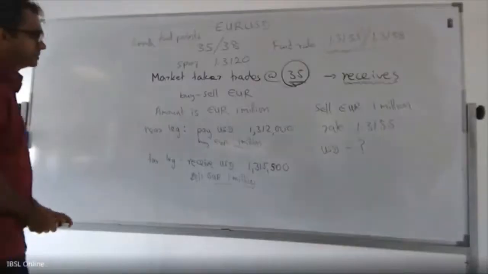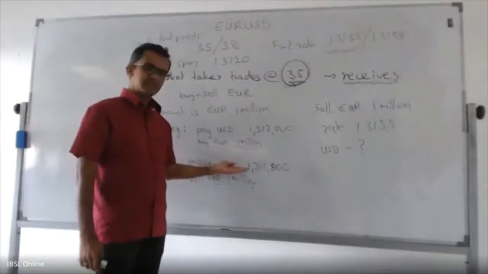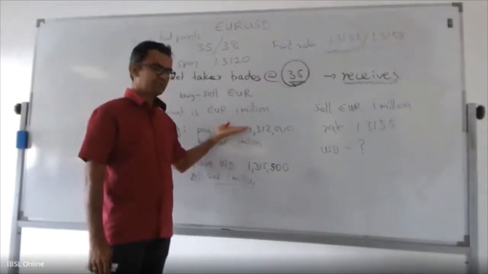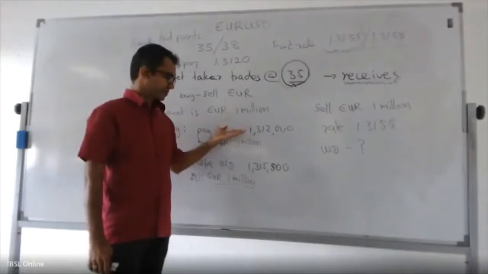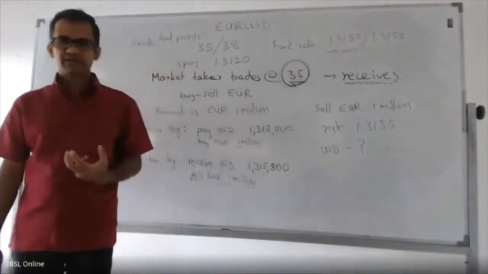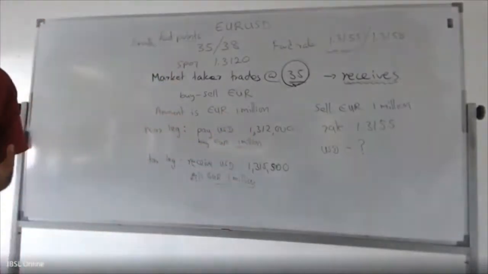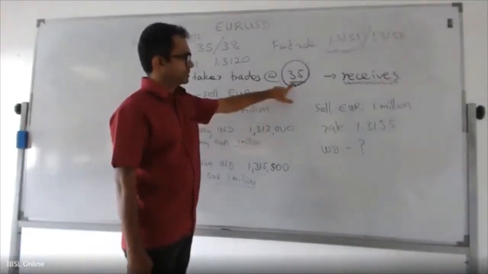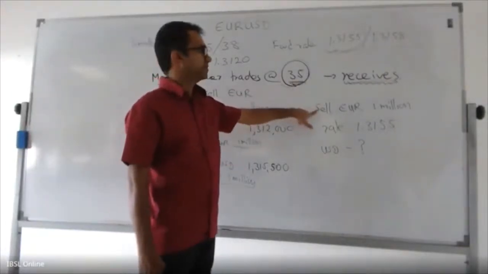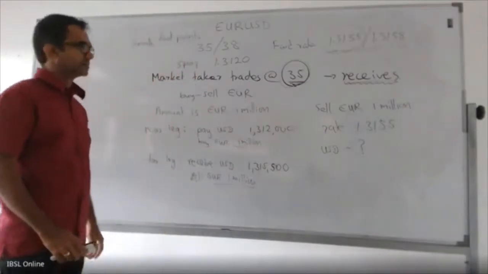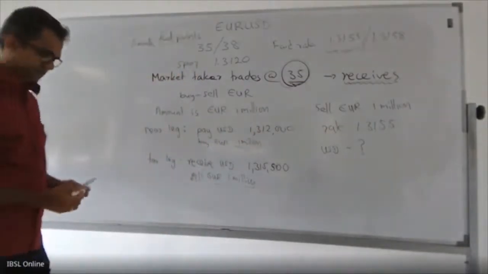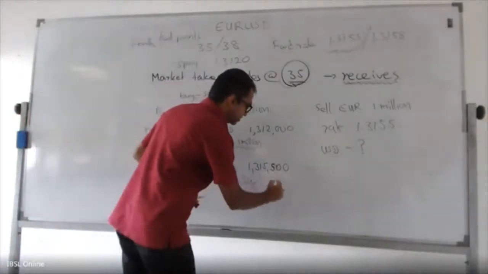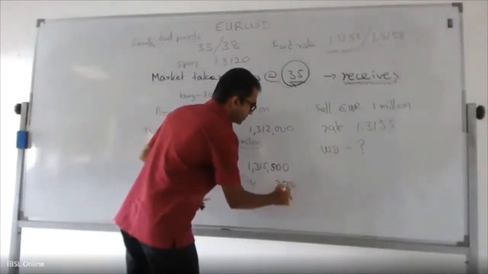Yes, sir. Got it. Then the amount that you receive is higher than the amount that you paid. So that means you gain. You make a profit or you receive something. So basically you receive 35 points on 1 million. That is in dollar terms 3,500.